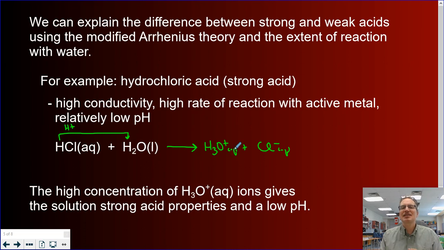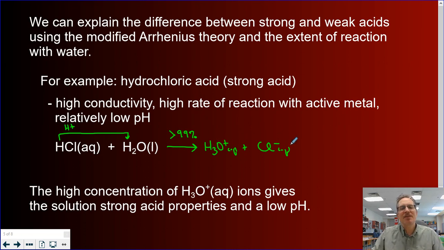That is why it has such a high conductivity, because there are a lot of ions, especially hydronium ions, floating around in solution. So for a strong acid, we're going to put a quantitative arrow from now on, and we're also going to say that the percent yield is greater than 99%, which means 99% or more of my reactants will go to products.